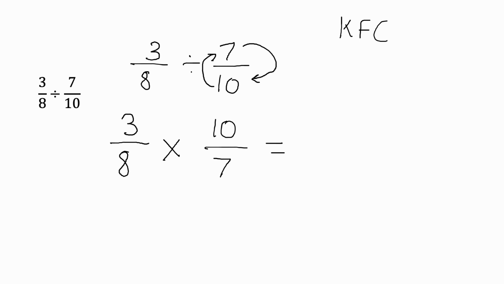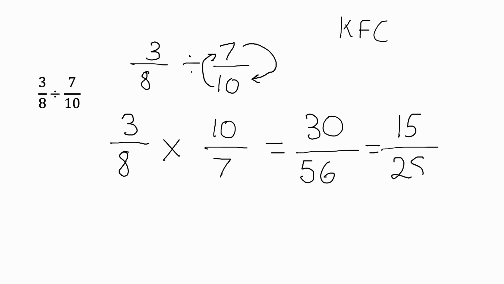So we do 3 times 10, which is 30, and then 8 times 7, which is 56. We can simplify this as both of them are divisible by 2. 30 divided by 2 is 15, and 56 divided by 2 is 28, like so.